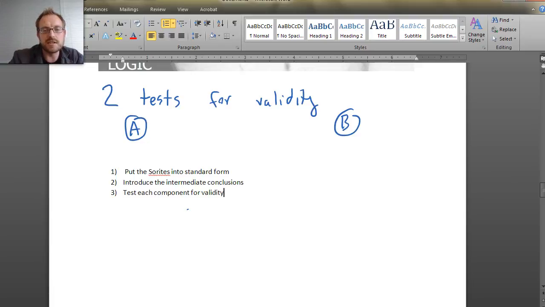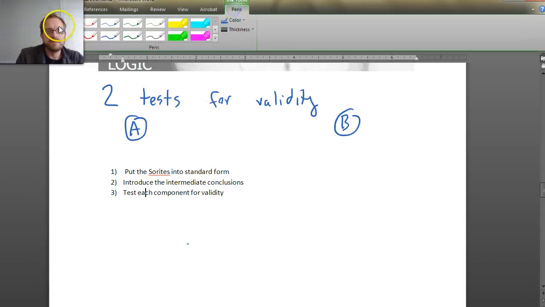This is essentially the test that I just explained a second ago. So what's the second test here? What's test B? Test B is to use the 5 rules.